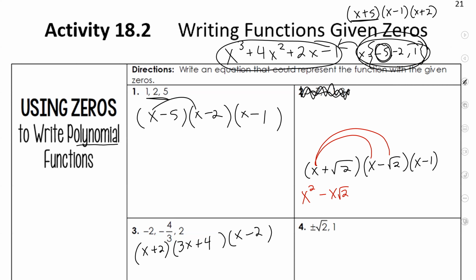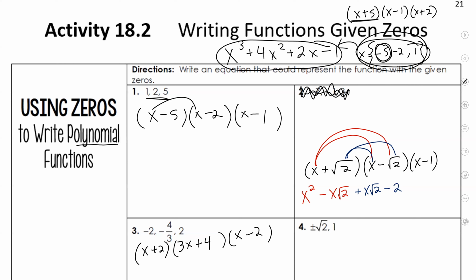And then let's do the next number. I'll do it in blue. Square root of 2 times this x? X squared. Plus x square root 2. Yep, they will cancel. And then square root of 2 times negative square root of 2. There we go.